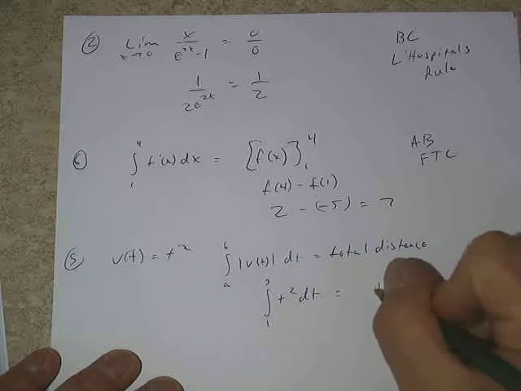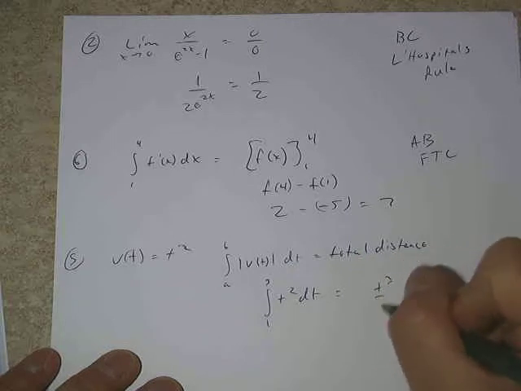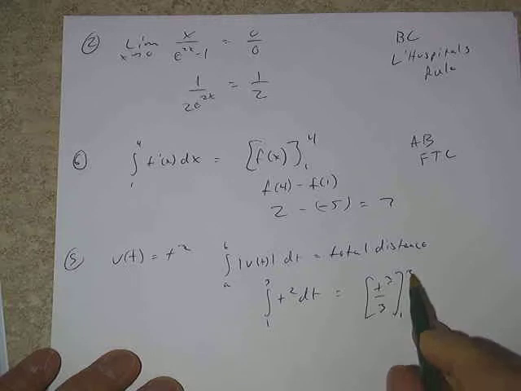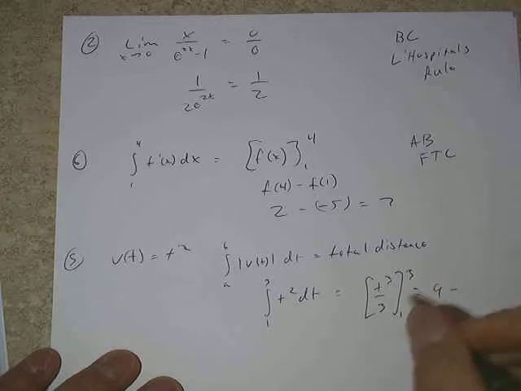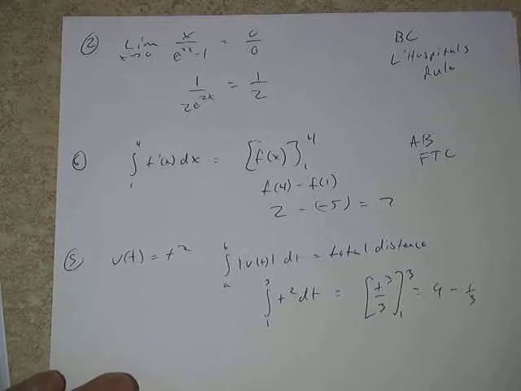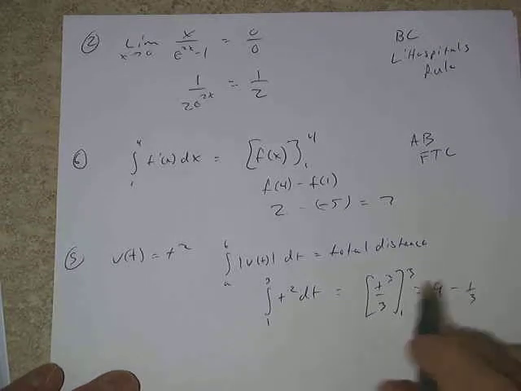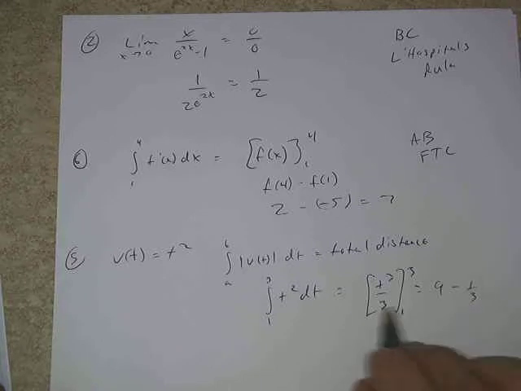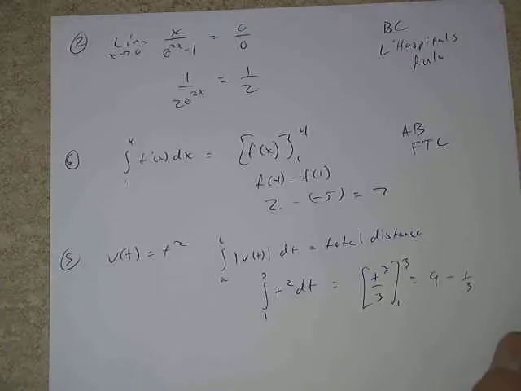It's going to be given by that, and so if we find the antiderivative, t cubed over 3, evaluated at 1 and 3, we get 27 over 3, which is 9, minus a third. It'll be 8 and 1/3. Hmm, that's not a choice, is it?